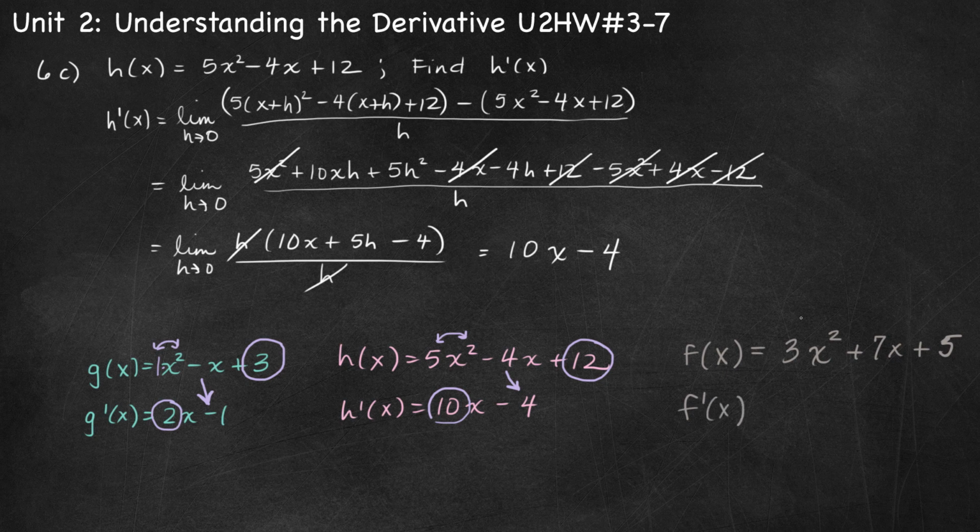Well, if we have the same pattern continuing, then multiplying those two numbers should give me the number in front of x in my derivative. And then this number should probably come down, and this number is not going to have any effect at all. And in fact, my derivative, f prime of x, is going to be 6x plus 7.